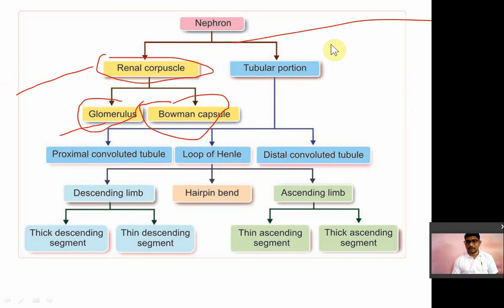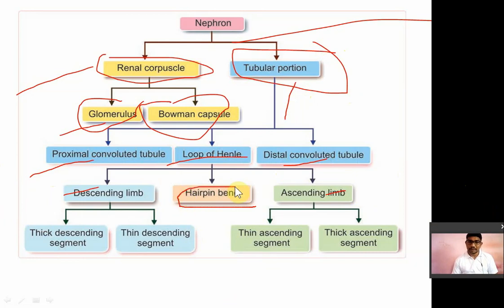Another part of the nephron is known as the tubule or tubular portion. In this tubular portion you have the proximal convoluted tubule, then the loop of Henle and the distal convoluted tubule. The loop of Henle is also divided into the descending limb and the ascending limb, joined at a curvature known as the hairpin bend.